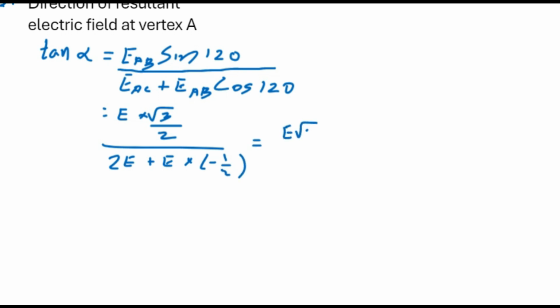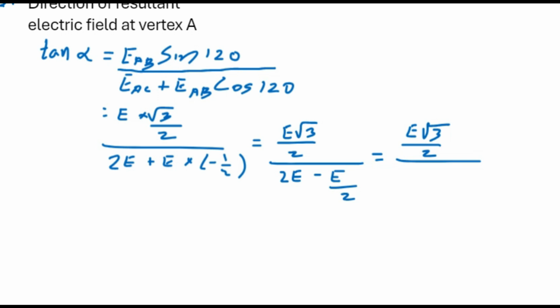Now start working. It is easy actually, because it is simple mathematics now. So numerator will be E root 3 by 2, denominator 2E, plus, remember there is a possible sign mistake, okay, E into minus 1 by 2 will come first, so minus E by 2. Then do the LCM work on the denominator. Numerator write as it is, and denominator you can do the LCM work. So 2 into 2E will come, right? Because basically 2E we will consider as divided by 1.